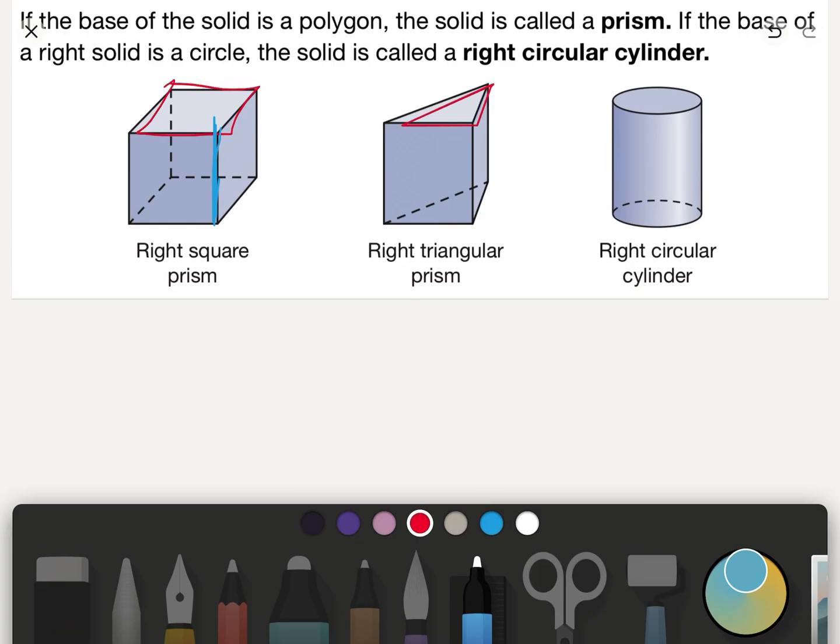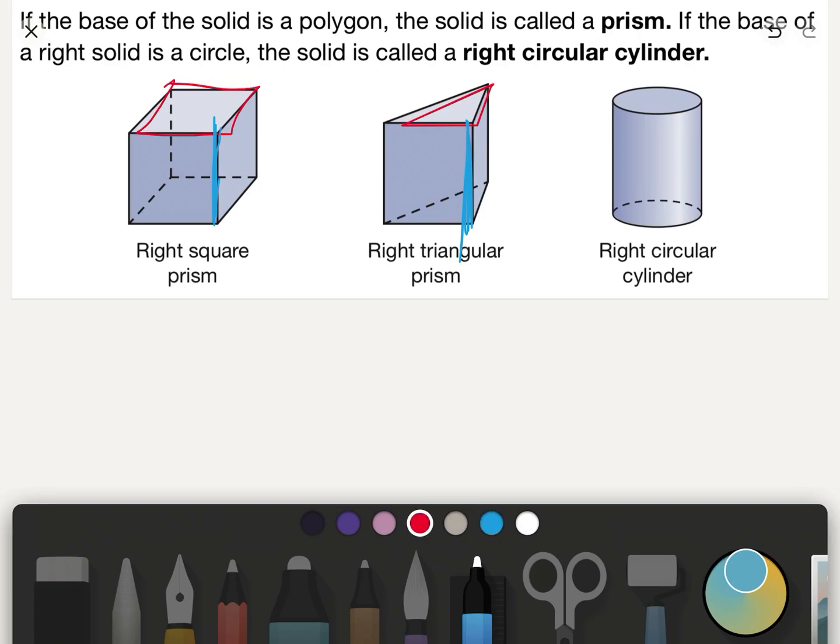Then for the right triangular prism, what we'll do is compute the area of the triangular base and multiply that by the height.